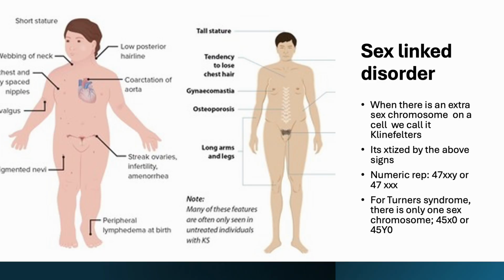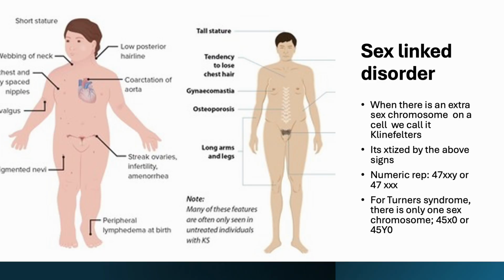The numeric representation for Klinefelter can be 47XXY, this will be a boy. 47XXX, this will be a girl, still from our karyotypic presentation and gender identification. In Turner syndrome, there is only one sex chromosome. Klinefelter will be represented as 47XXY, but Turner syndrome will be 45 because we have a missing chromosome.